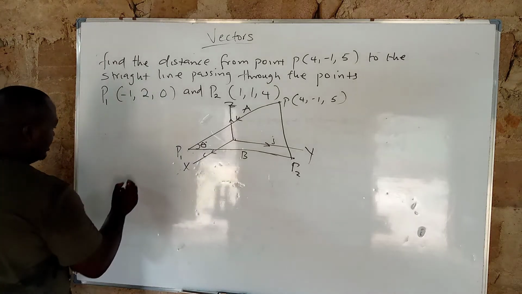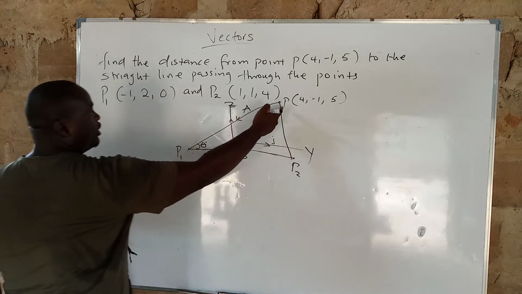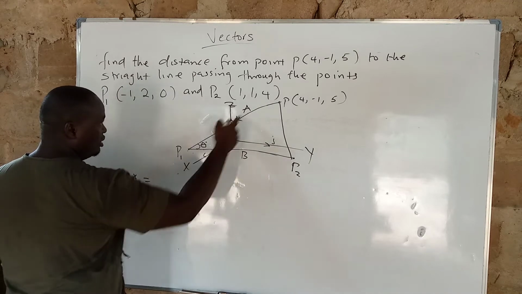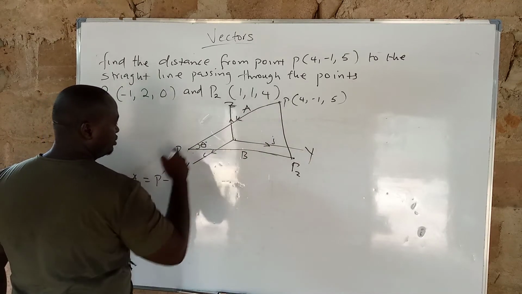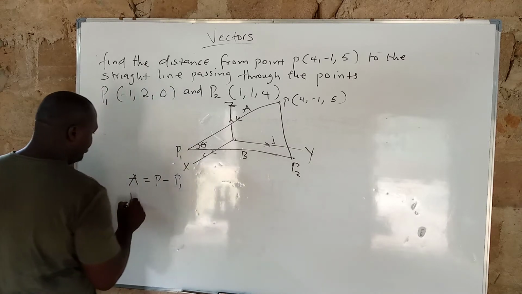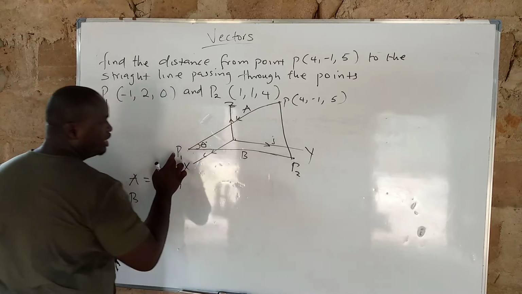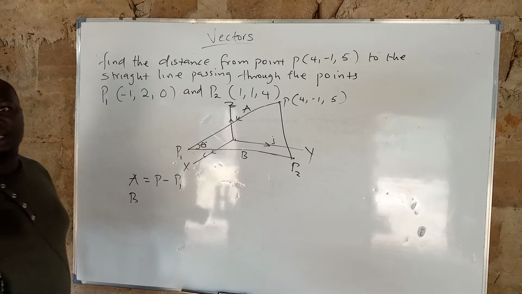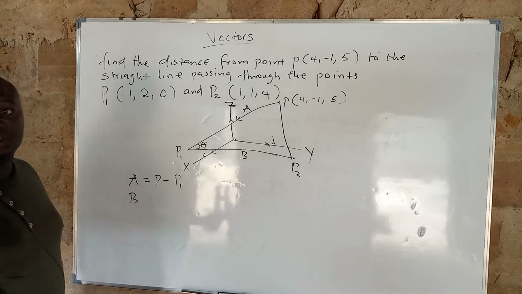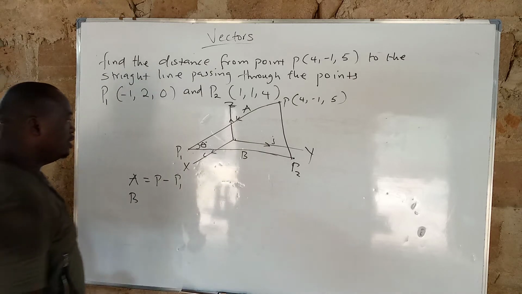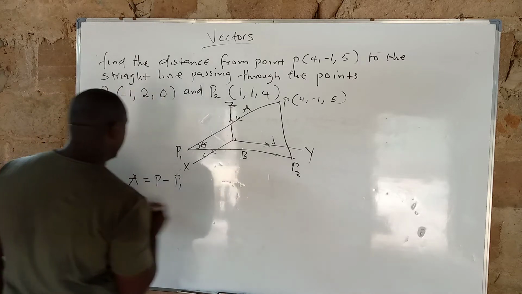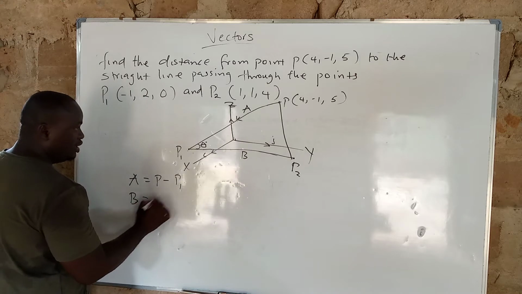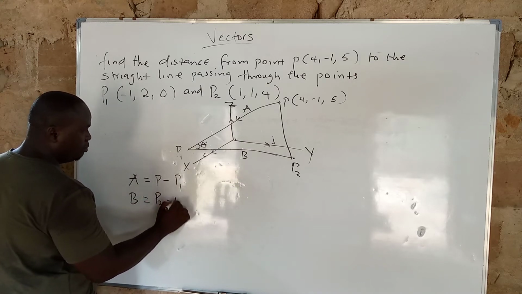Now, if I want to calculate A, the distance A here is P minus P1. Right? And then B, the distance from here to here. Of course, you should know that distance is final minus initial. Is it not? Good. If this is P1, this is the final here. And so B, the distance B is P2 minus P1.